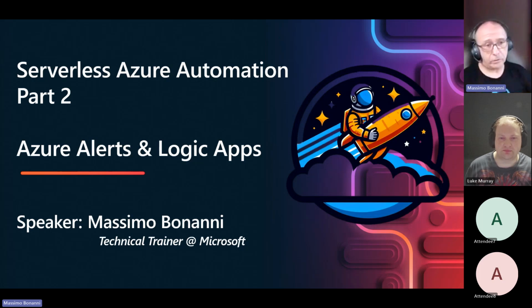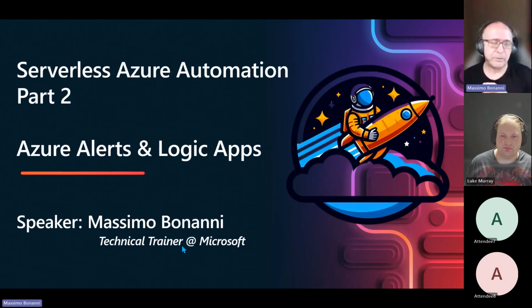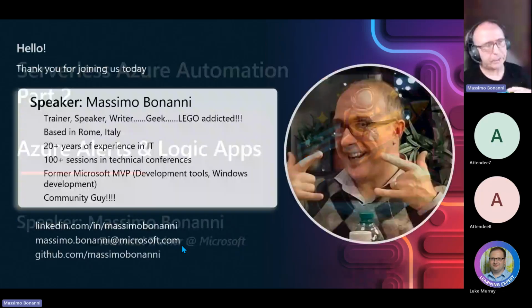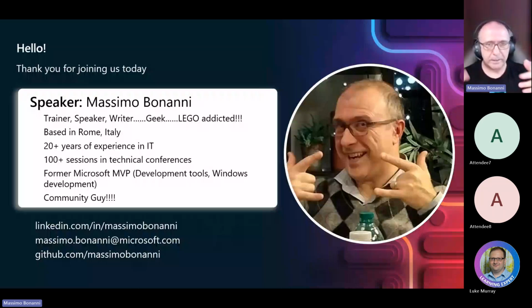First of all, who I am is not important, but just to introduce myself, my name is Massimo, as you can understand by the gestures of my arms and the name. I'm Italian. I live in Rome. I have a lot of experience in the IT world, more or less 30 years.